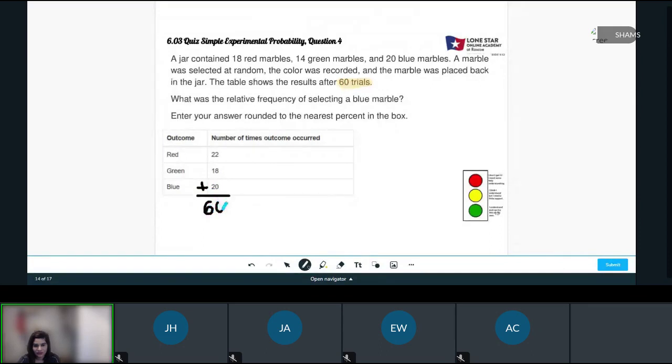And in this question, remember this table is more meaningful because it is talking about the experiment that was conducted. It is about experimental probability. You want to find the relative frequency or probability of selecting a blue marble. So blue marble happened 20 times.